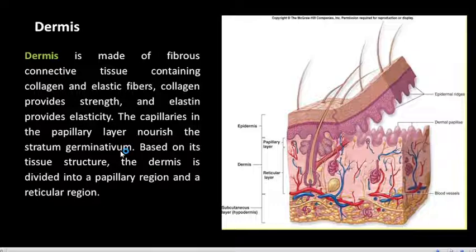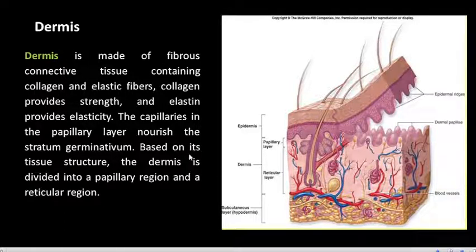So, saan niya kukunin yan? Doon sa blood vessels or capillaries na makikita sa papillary layer. Okay? So, nakita nyo dyan, may support ng blood supply. Because, kung saan may present na blood, meaning present din ang nutrients.